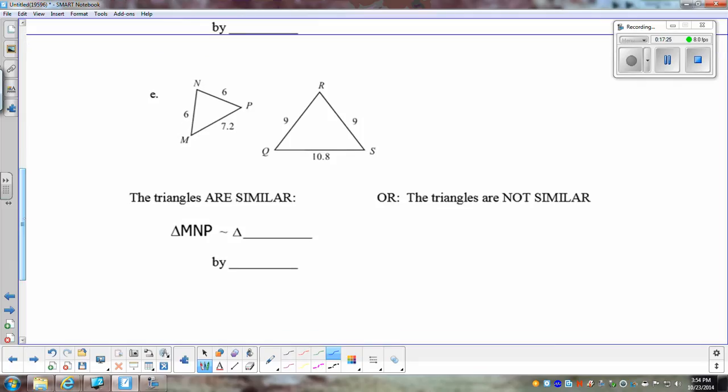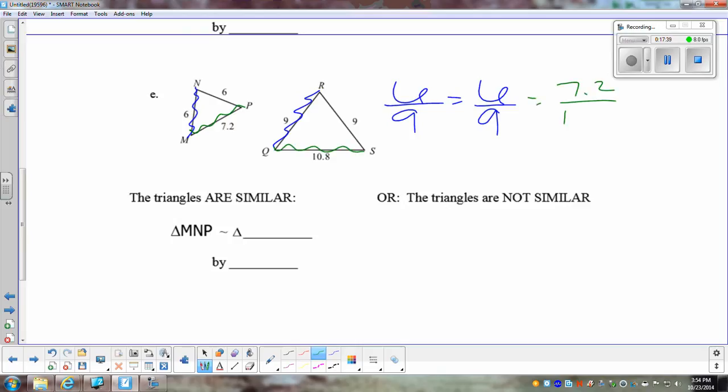Here, my little side is 6. Over here, my little side is 9. And 6 and 9 is, of course, going to be equal to 6 over 9. And then 7.2 over 10.8. Well, 6 over 9, if I check it in my calculator, simplifies to 2/3.